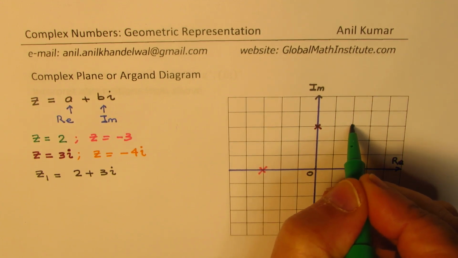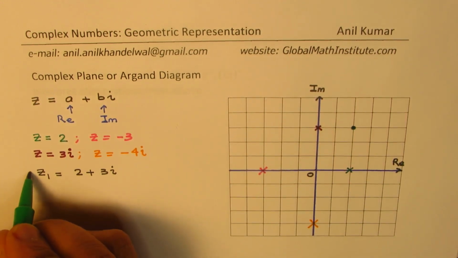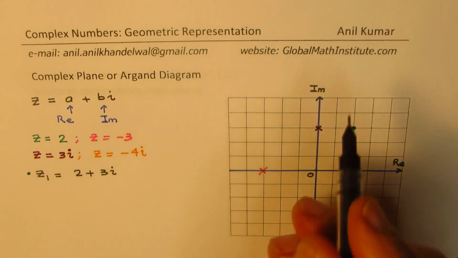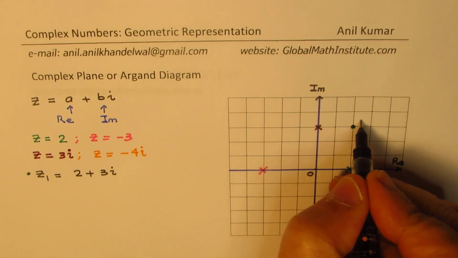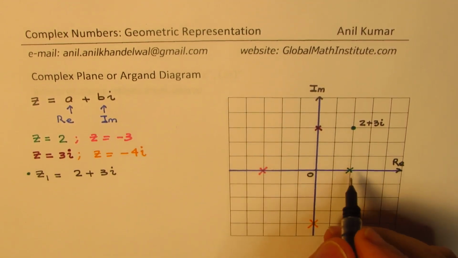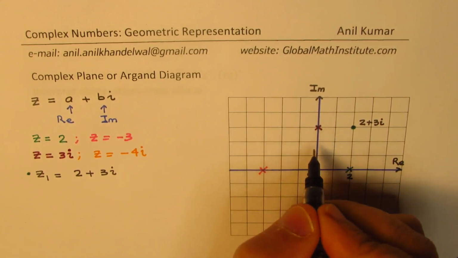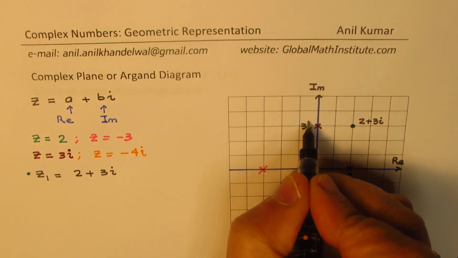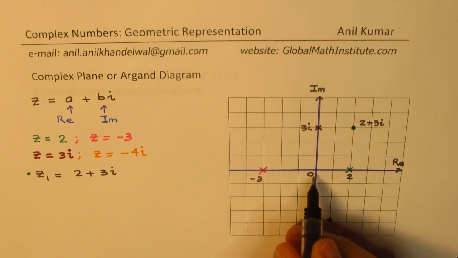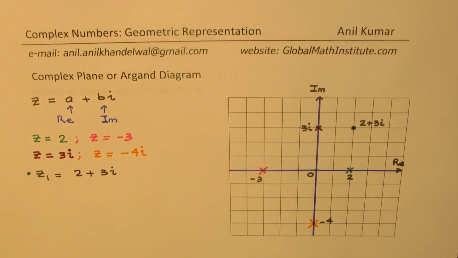So this position here will represent the complex number 2 plus 3i, right? Correct? Let me label these now. So this is 2 for us, that is 1, 2, 3i. Here we have minus 3. This is minus 4, and that is 0. Perfect.